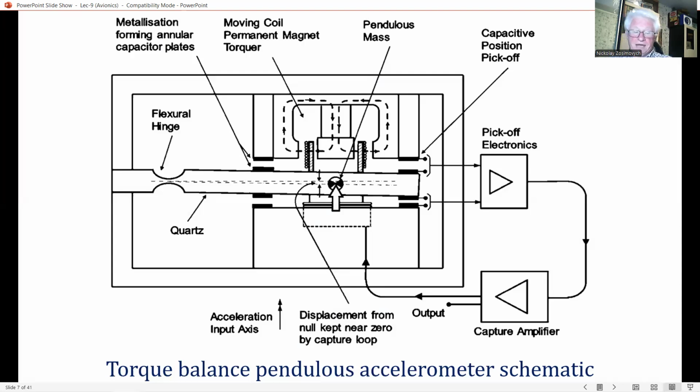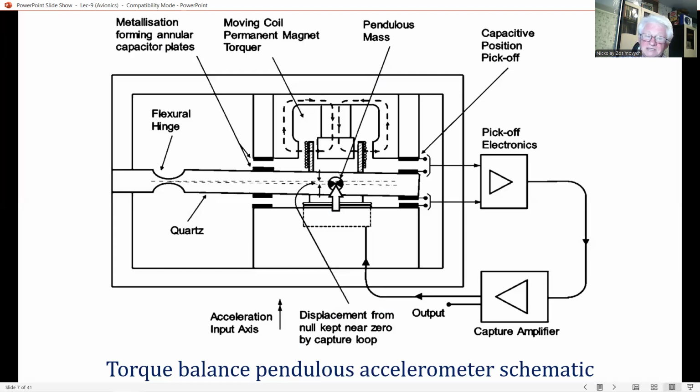Thin flexible conducting ligaments enable electrical connections to be made to the torque coils and the capacitive pick-off plates. A mechanical damper is generally incorporated to supplement the dynamic compensation in the capture amplifier in providing a well-damped response, typically around half critically damped. Bandwidth is typically around 500 Hz.